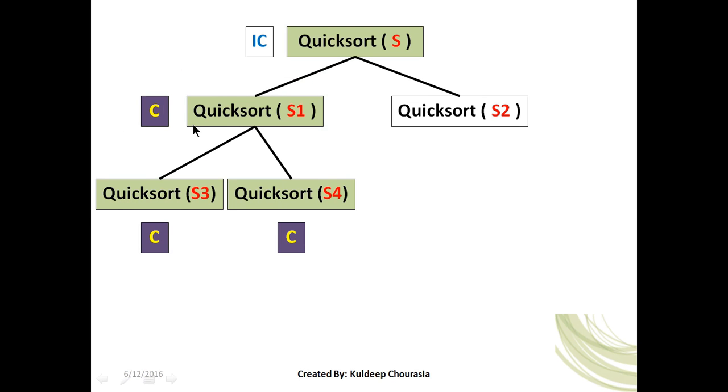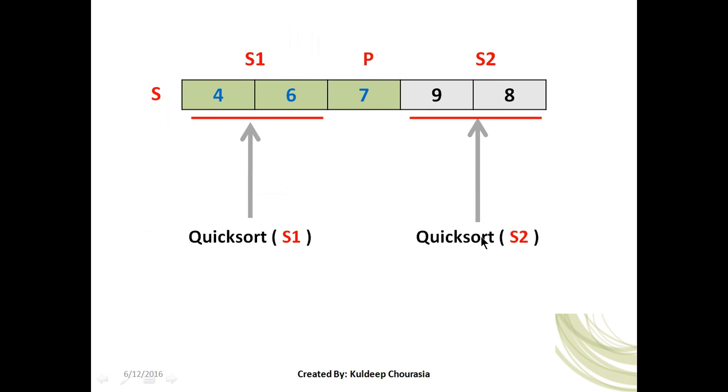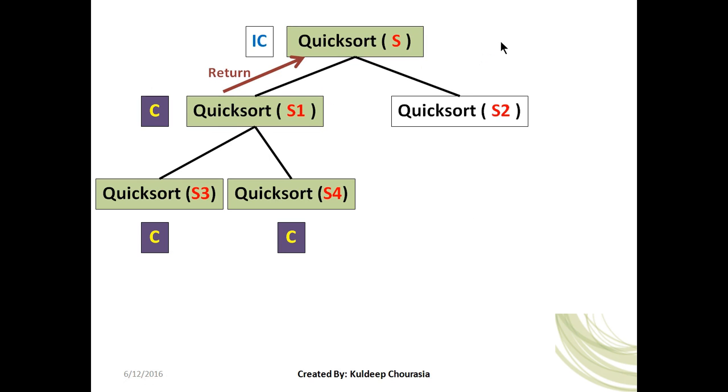So my task Quicksort S1 is now complete, and I return to the parent task. So this is where I stand. The elements marked green are now sorted, and the elements in set S2 need to be sorted. So my next task is to Quicksort S2.